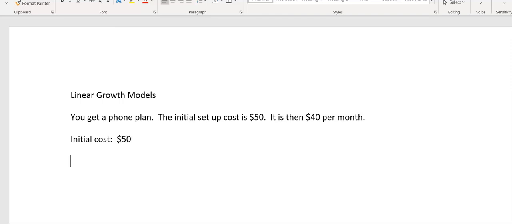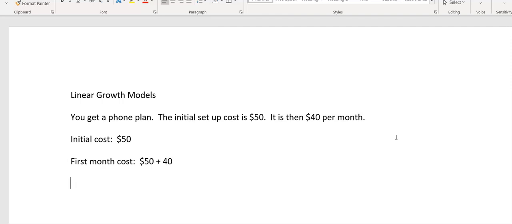Okay. Well, then we've got our first month cost. That's going to be, and let's think cumulative cost, how much we're paying over time. So our first month we'll pay the $50 setup fee, and then $40 for that first month.